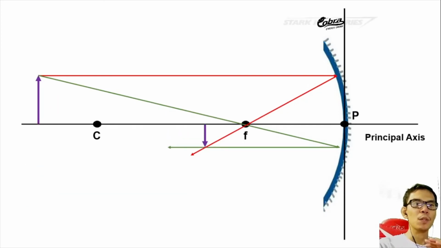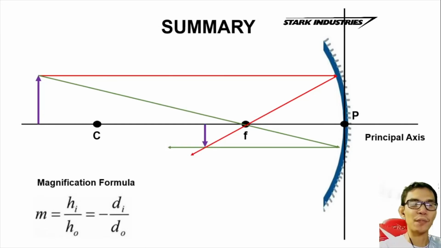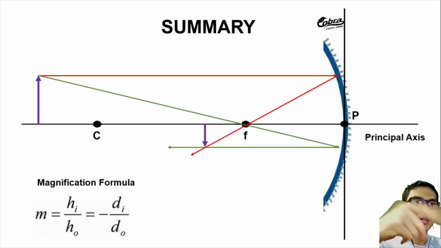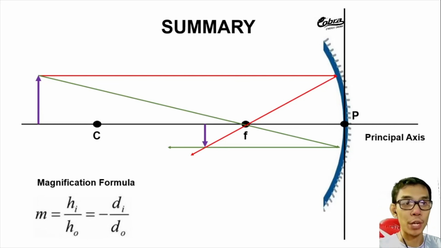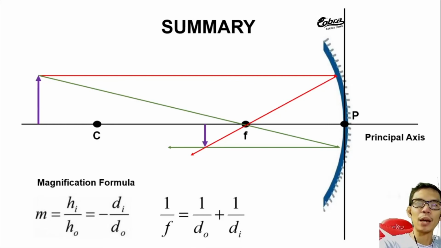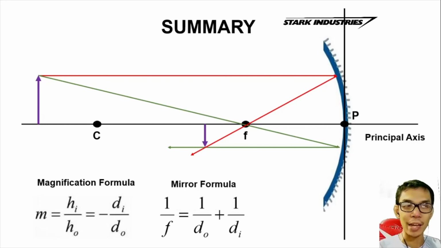So what we learned today right here: first is the magnification formula. The magnification formula is just the ratio between the height of the image and the distance of the image relative to the object. And finally, what we have right here is the mirror formula coming out from the ray diagram.